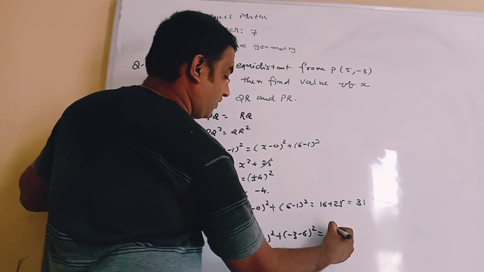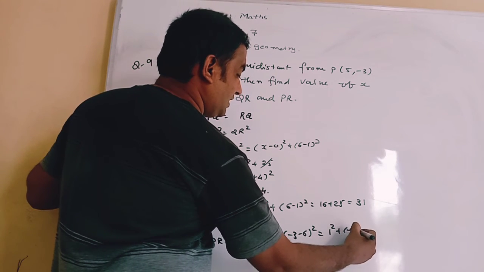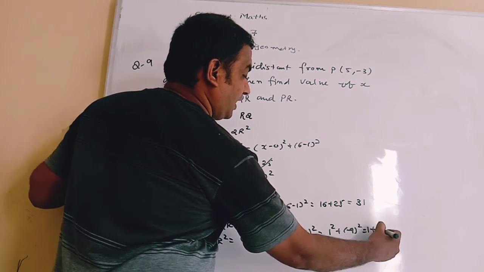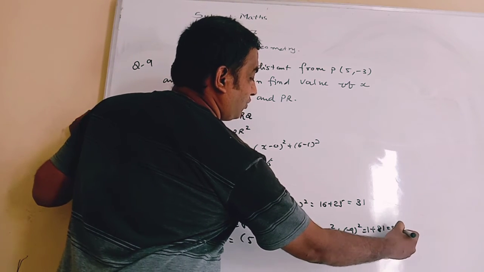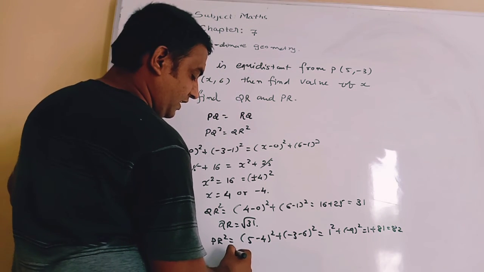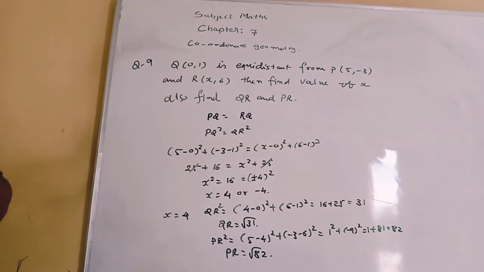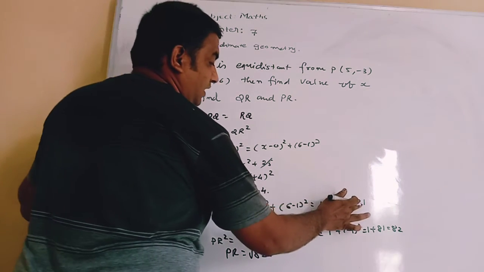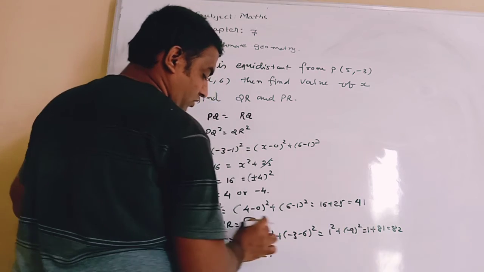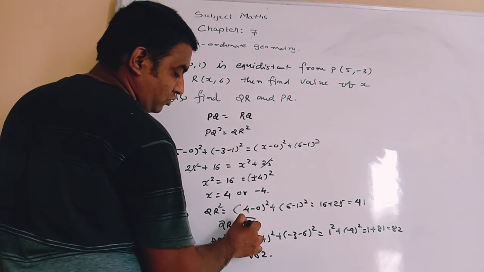So 1 square, 1, plus (-9) square, that is 1 plus 81, 82, and so PR equals root 82.